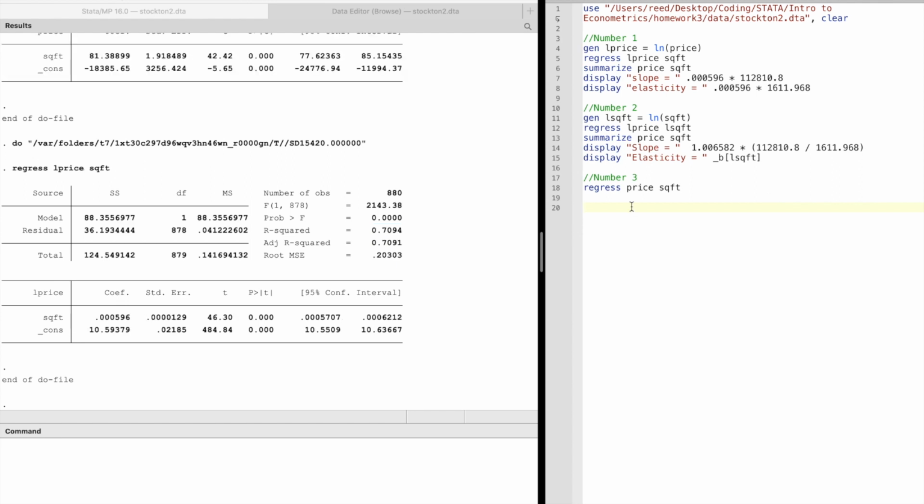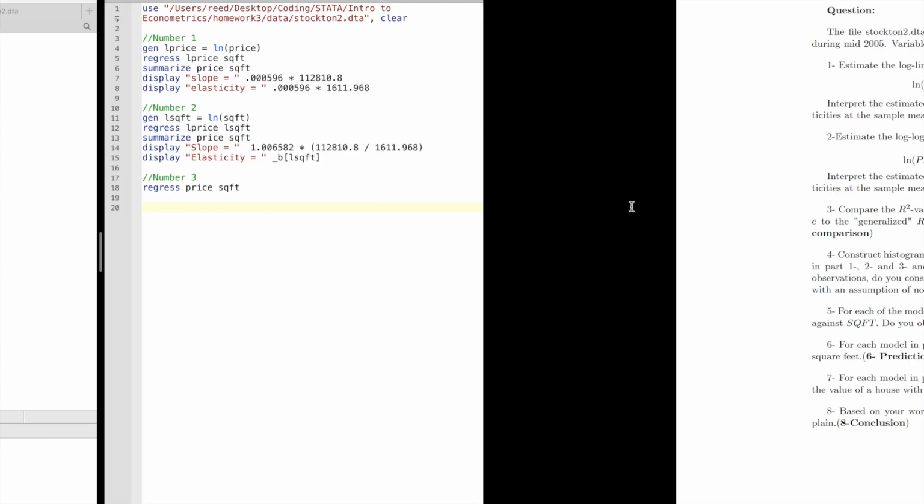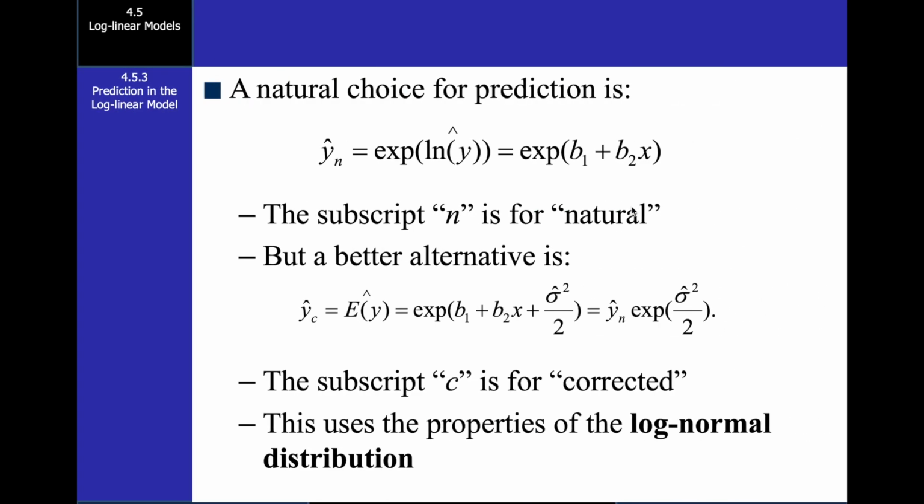But if we look at our lecture notes, you can see that we're going to need to take the exponential since we have a log linear model, and then we also have to add in this sigma hat squared over 2. So that's just part of the corrected prediction based on the log normal distribution. So basically this is what we're going to have to code into Stata.